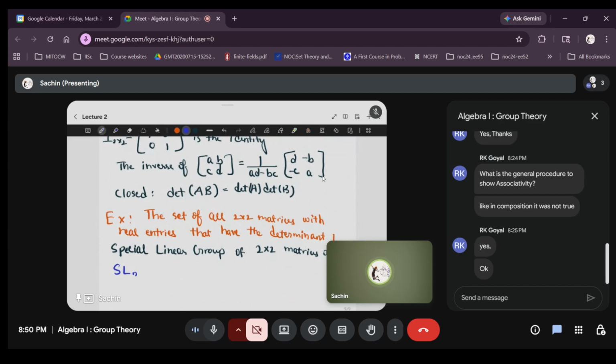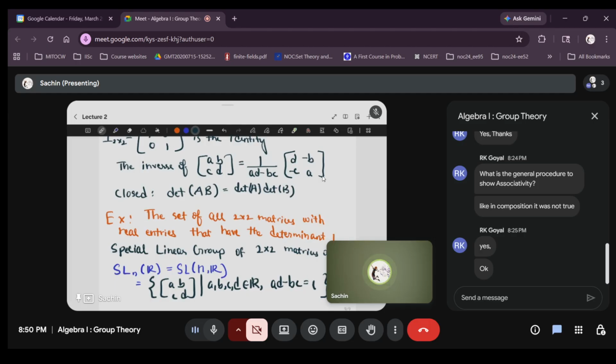So here it is SL n of R or SL of n comma R. It is the set of all 2 by 2 matrices A, B, C, D, with A, B, C, D real and the determinant AD minus BC equal to 1.